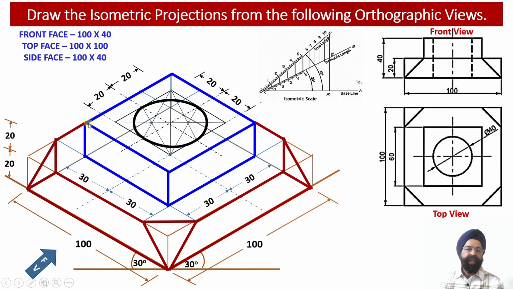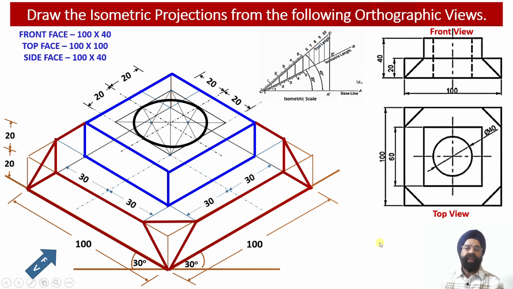Element number 2 has vertical edges, whereas element number 1 has inclined edges, where at the top 60 millimeter will be the width of the edge and at the bottom 100 millimeter will be the width of the edge. And finally we have obtained a circular hole on top of element number 2, and since the hidden lines are not projected in the isometric projections, we haven't shown the hole which is not visible to the observer.